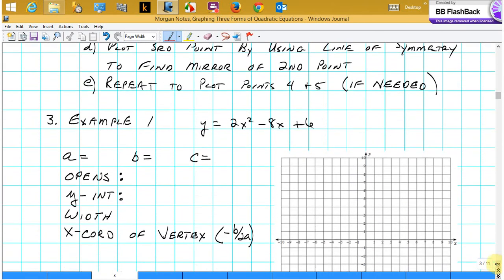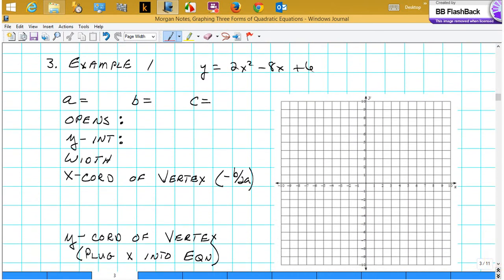Okay, so let's graph this. The first thing we need to do is find a, b, and c. So a is 2, b is negative 8, and c is 6. Because the a value is positive, this is going to open upward.